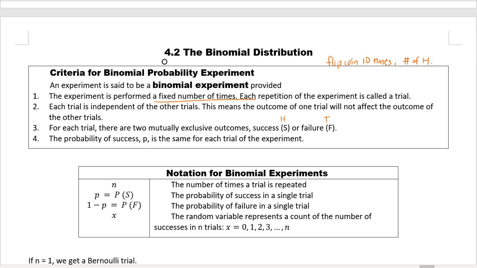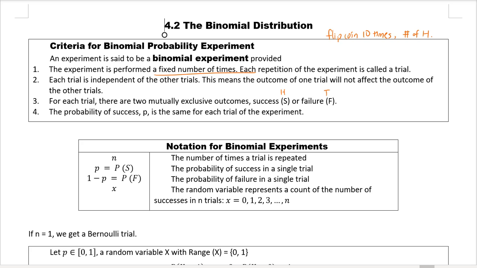Okay? Notation for the binomial experiment. N is the number of times a trial is repeated. So in our example, N equals 10. P is the probability of success in a single trial. So it means this is the probability of getting head in a single trial.